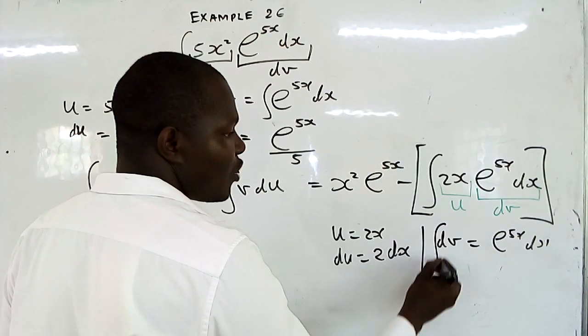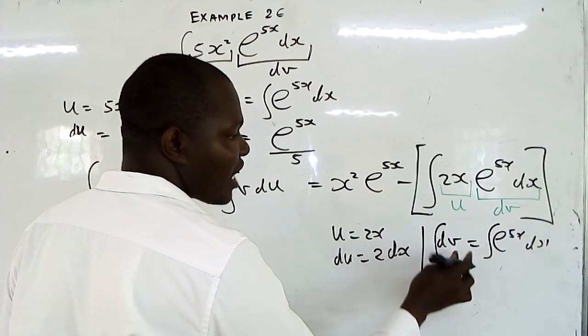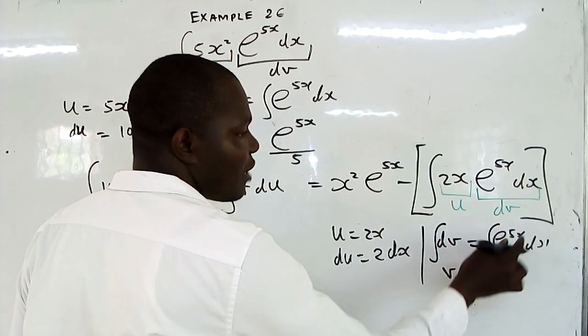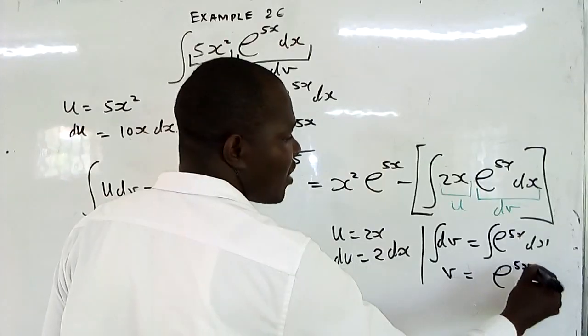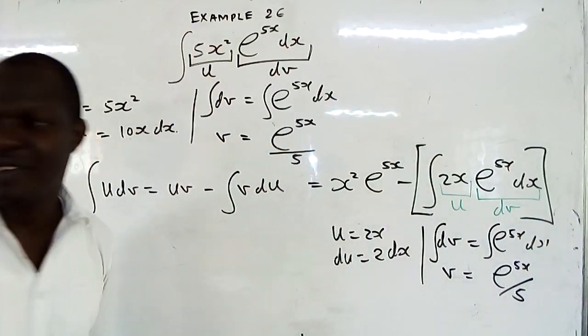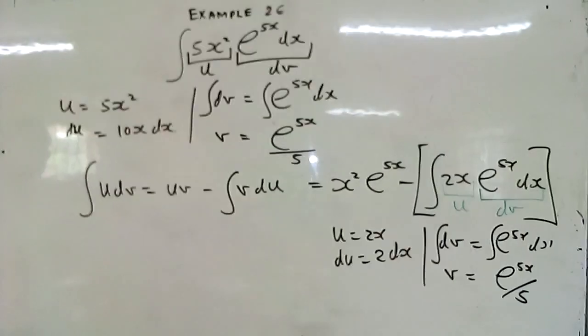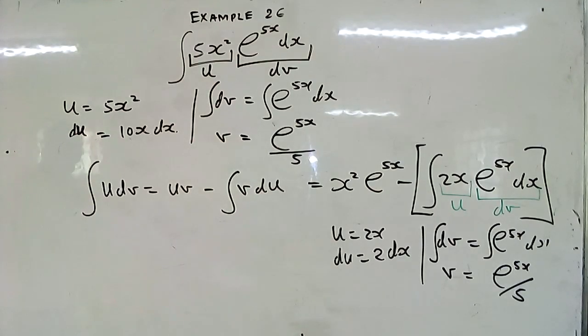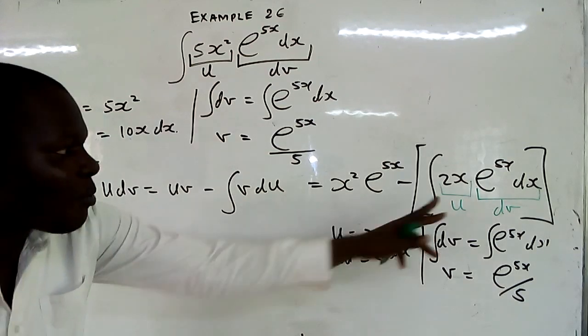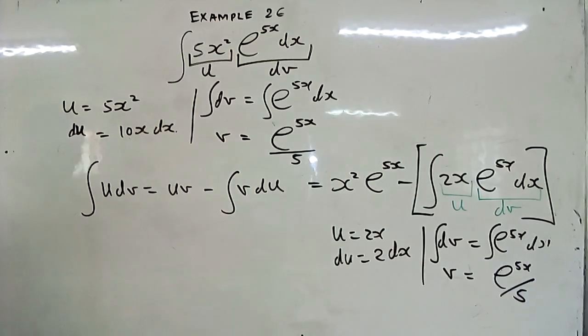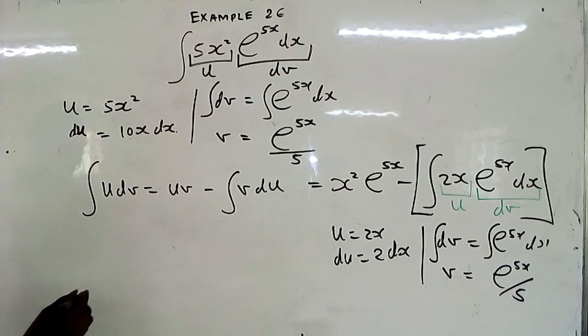So for you to get v, you have to introduce the integral on both sides. If you integrate dv, you remain with v. If you integrate exponential 5x, it remains the way it is, then you divide by the derivative of the inner function. Are we together? So can you now go back and substitute in your problem? What were we integrating initially?